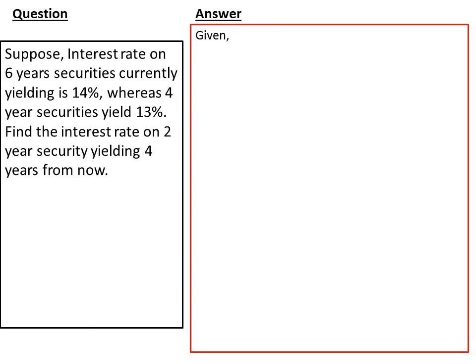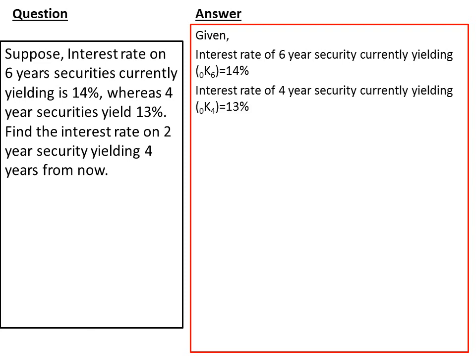Answer. Given, you have to find the given information. 0K6 equals 14%. 0K4 equals 13%. 4K6 equals what? This is our question.